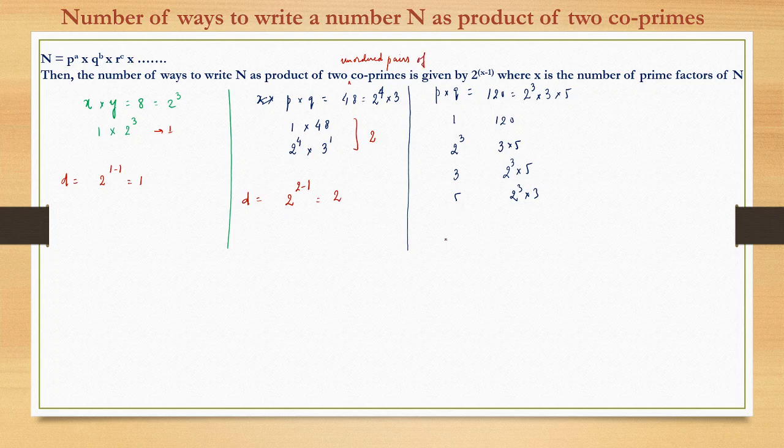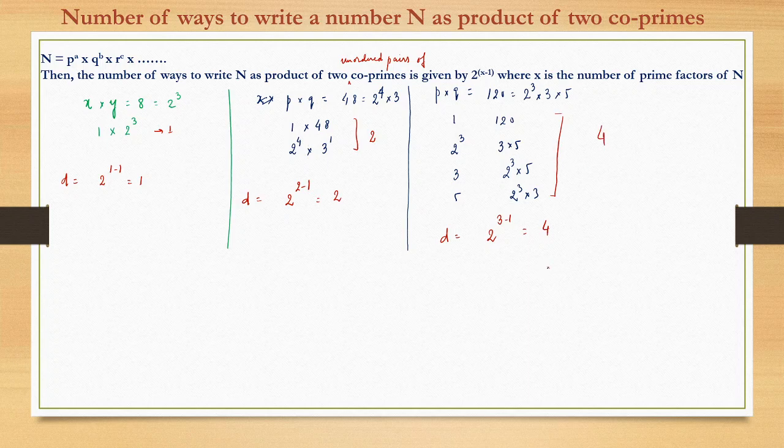Now here the number of such ways would be what? We have three prime factors 2, 3 and 5. So 2 raised to power 3 minus 1 is equal to 2 raised to power 2, which is 4. And here also we have got four such cases.